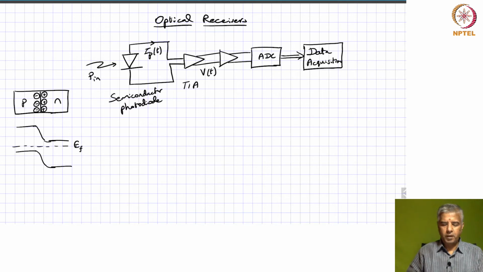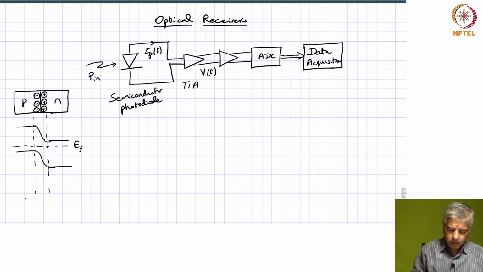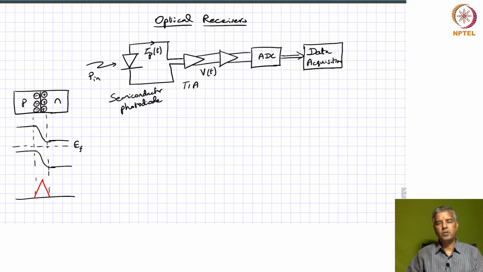Anyway, so when you look at the energy level diagram, you have something that looks like this, right? And because of the presence of these fixed ions over here, when you look at the field across this, and maybe I can use a different color to show this clearly, the electric field because of these charges is going to look like this.